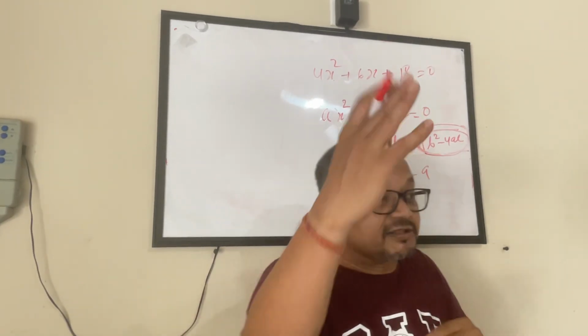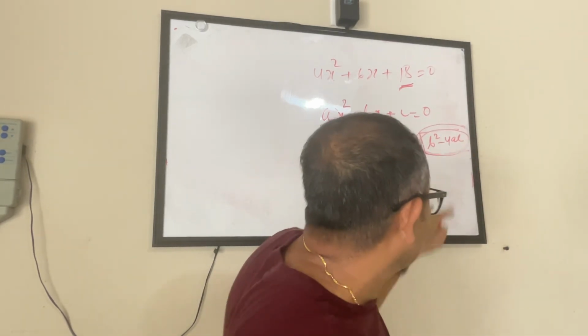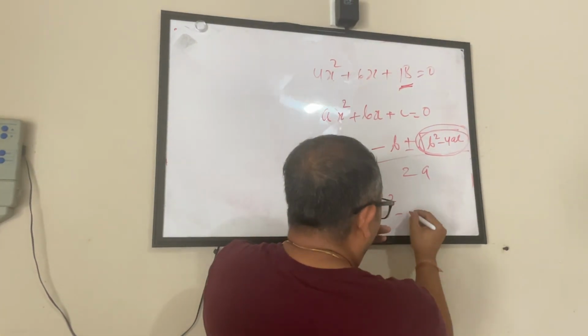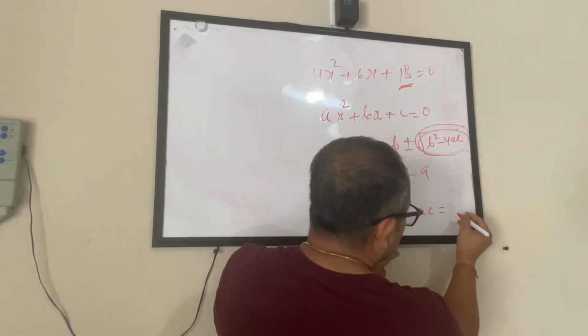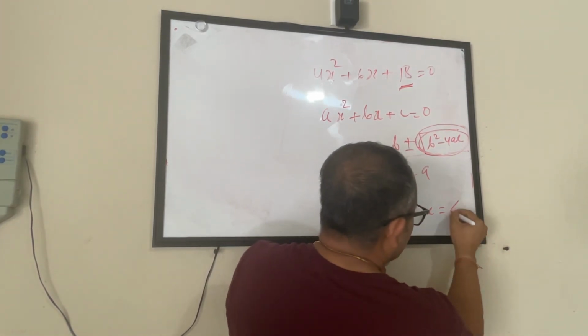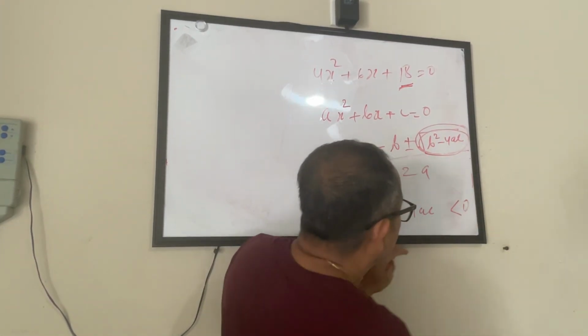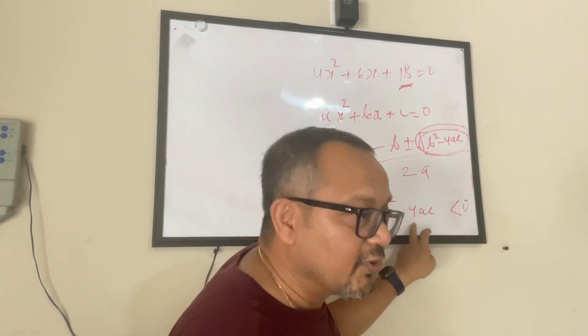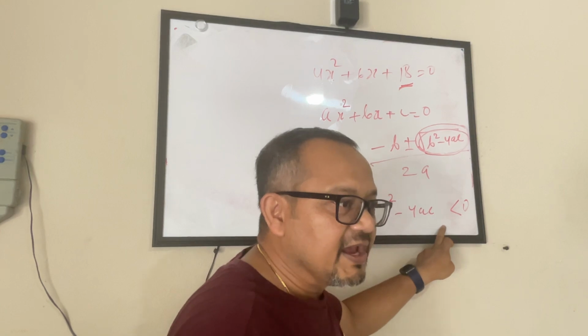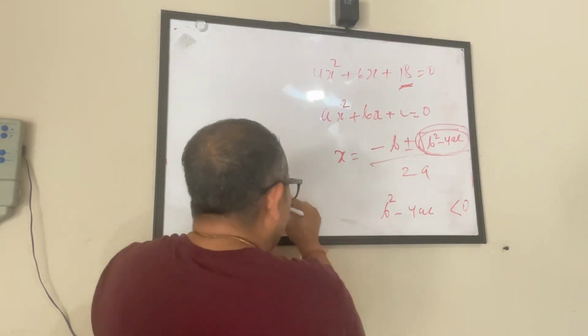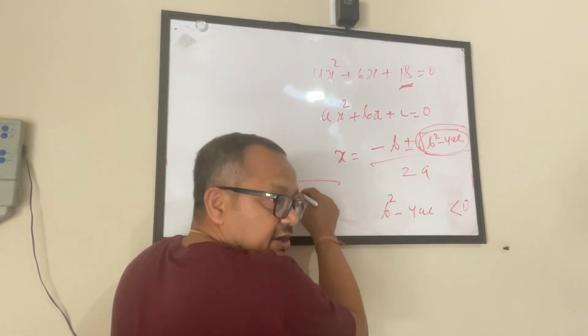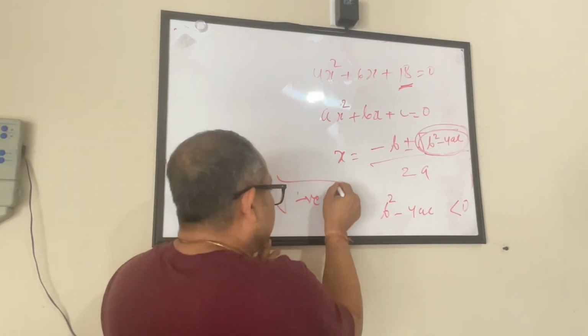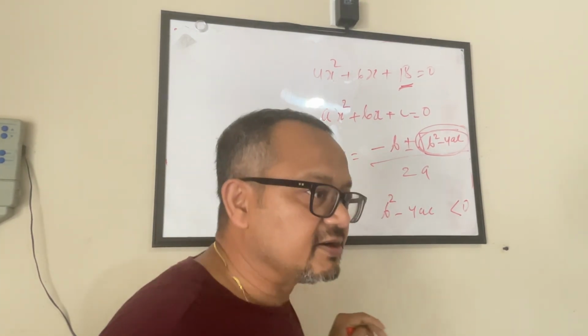And imagine a third scenario when this is negative, meaning less than 0, meaning 4ac is greater than the square of b. If this is negative, the square root of a negative has no meaning. This is an unreasonable state.